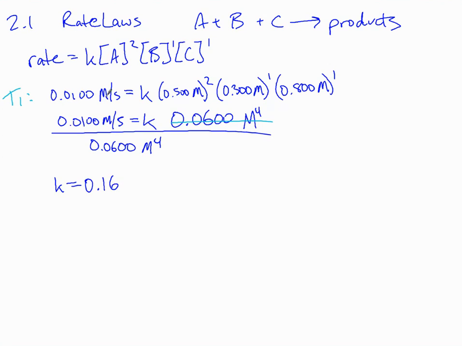Let's see, everything else went to three significant figures. Let's say 167. And then our units. They're going to be weird units. So molar over molar to the fourth power, you're dividing, so you subtract the exponents, right? Molar to the negative third times seconds.